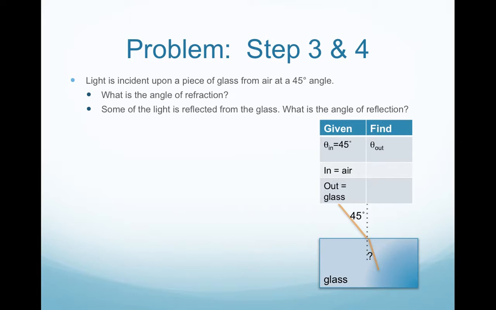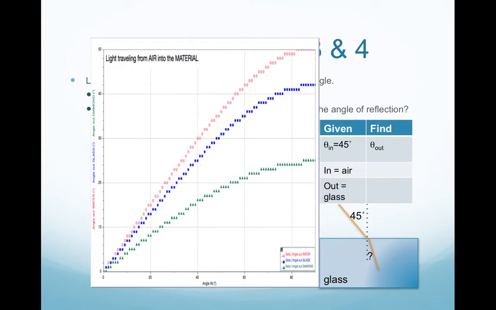So we have one graph that goes from air into a substance and one that goes from substance into air. Well, we're going from air into substance now, so this is the graph we want that travels from air into the material.